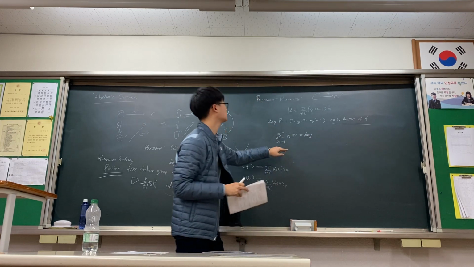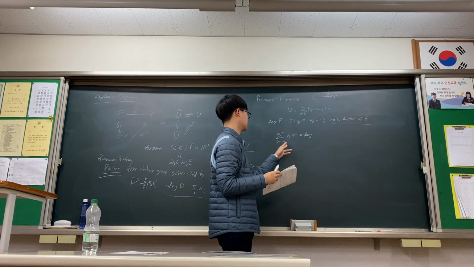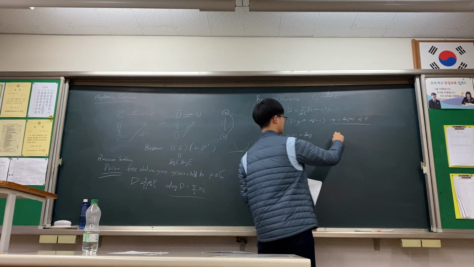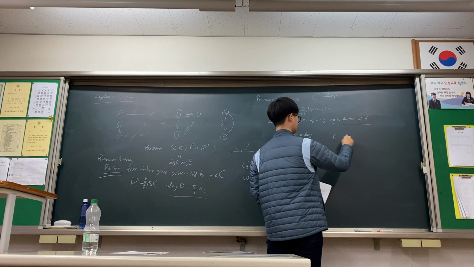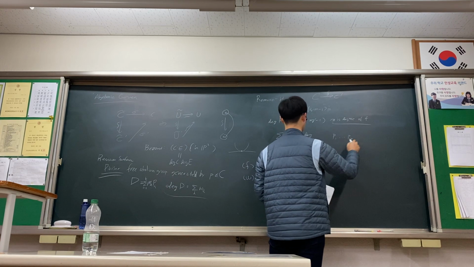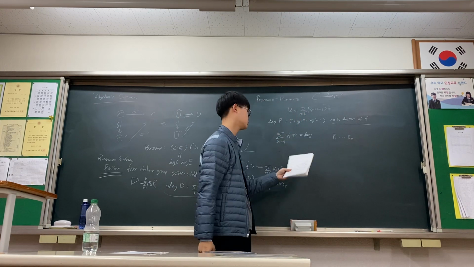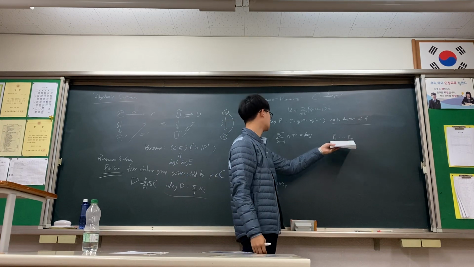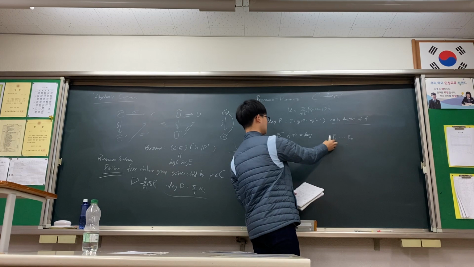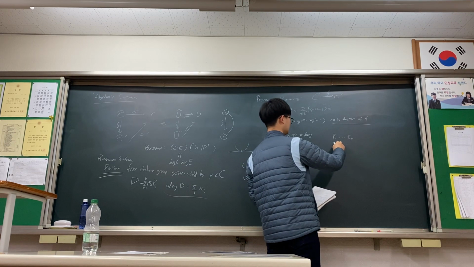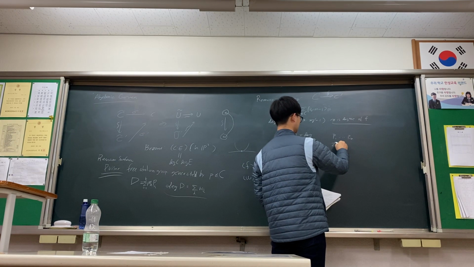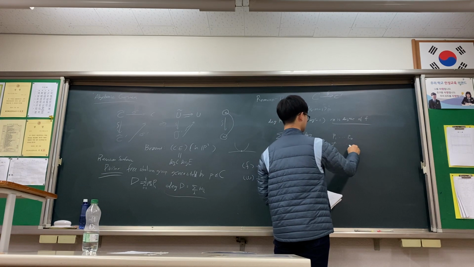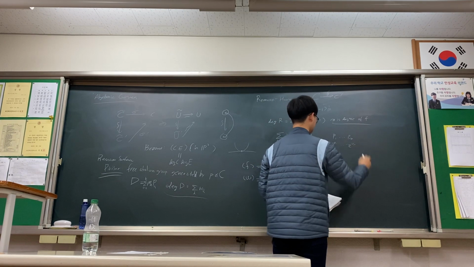To see that this is well defined, well locally, suppose P1 to Pn are the inverse image of Q, and it has to be discrete. If it's the inverse image of Q, then near P1, it just looks like the powers, say C to the V1, C to the Vn.